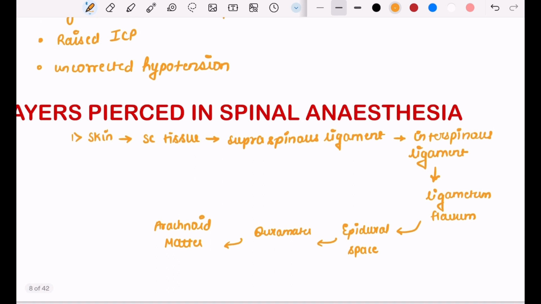A very important question comes from here, that arachnoid mater is the last structure to be pierced in spinal anesthesia.